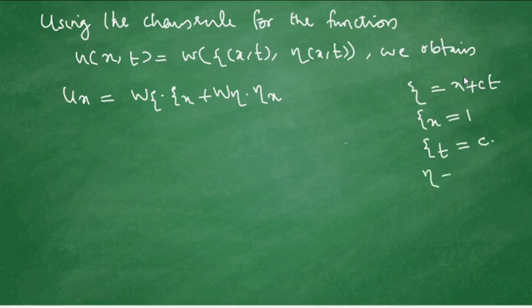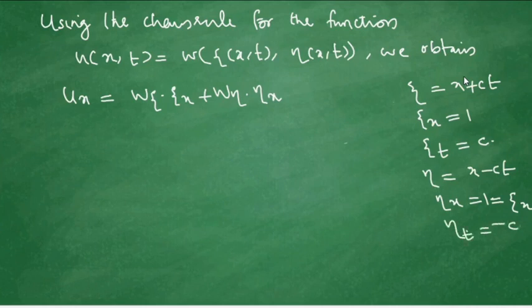Now for eta equal to x minus ct, eta x is the same as theta x, and eta t is equal to minus c. So ux is equal to w theta into theta x, that is 1, plus w eta into 1. So this is ux.